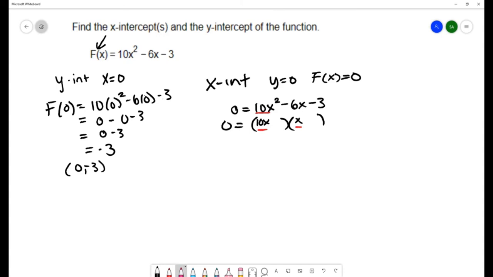Now the numbers that go in the back need to multiply to be negative 3. And I only have one choice for that. That's going to be a 1 and a 3. I'm going to try that. And this is my guess for the factoring. And I need to check to see if it's right. What I'm checking is to see if I get the correct middle term.